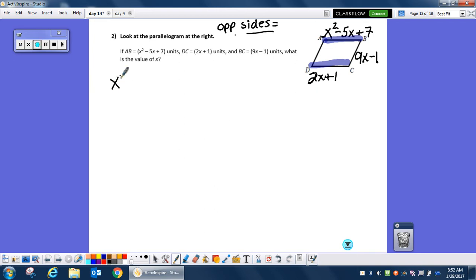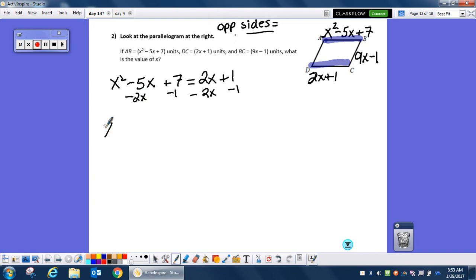So x squared minus 5x plus 7 equals 2x plus 1. You guys are getting really good at solving these. So I would subtract 2x from both sides and subtract 1 from both sides. Then be careful with your addition.